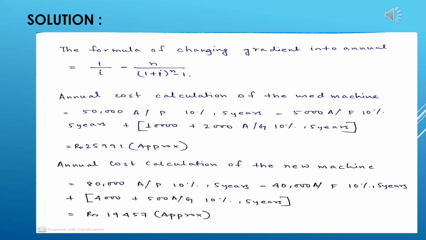And then if we go to the same calculation for the new machine, with the same kind of gradient calculation of 500, we get the figure at 19,457. So from the solution here, we have seen that the lower cost is better for the organization, so the organization should opt for the new machine rather than continuing with the old one.